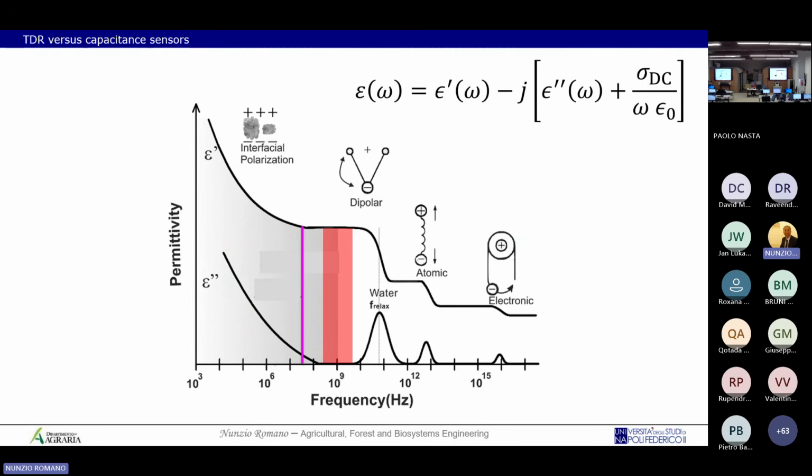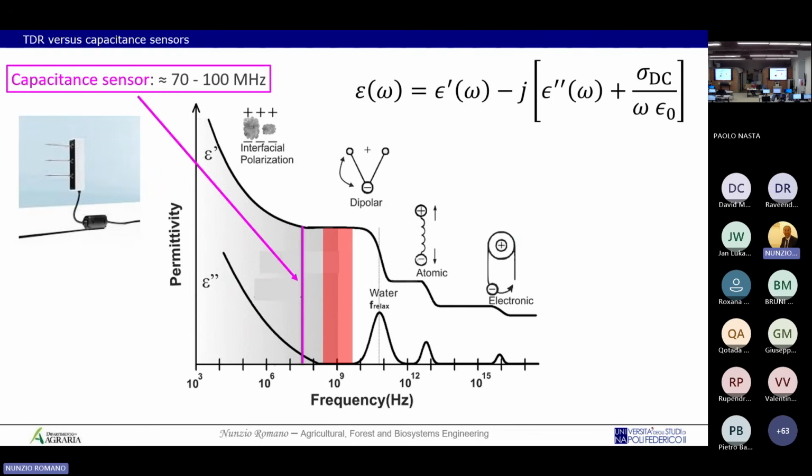And there are the interfacial polarization of the molecule, dipolar, and so on. I don't want to go into detail on this, but the question is, at which frequency does the capacitance probe work? This is the question, and this is the answer. Most of the capacitance sensors work at a frequency of the electrical field that ranges from 70 to 100 megahertz.